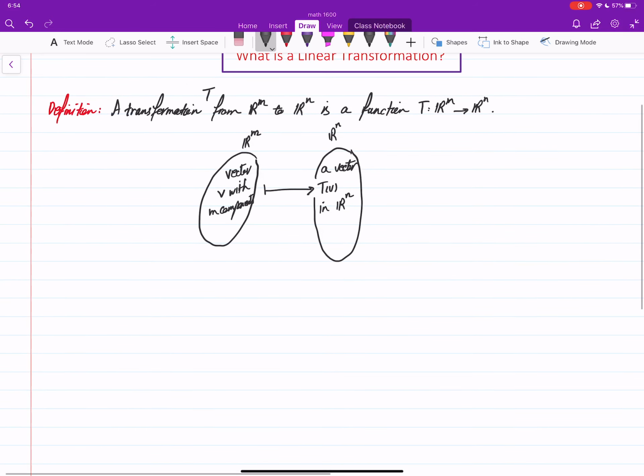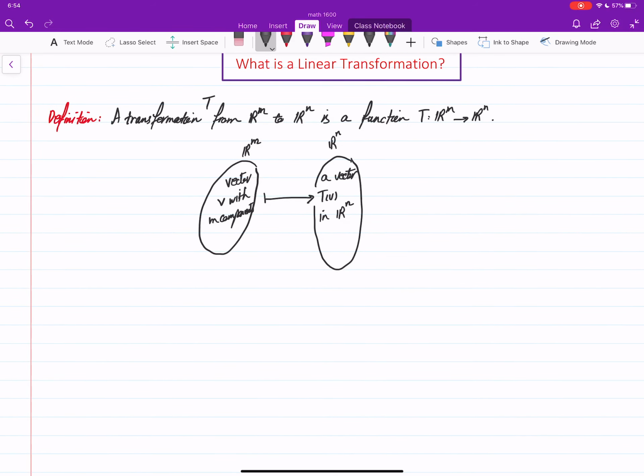And usually in practice, what we do is we write down the components of Tv in terms of components of v. Let's do some examples.